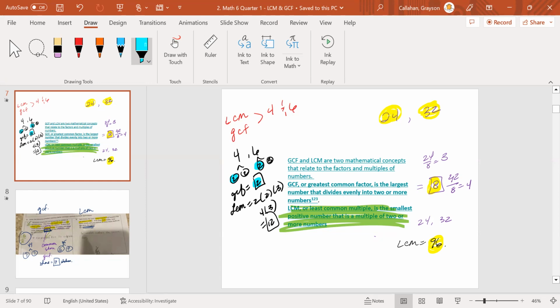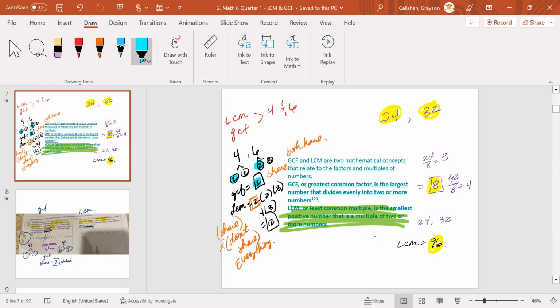Lowest common multiple is different. Greatest common factor is what do they share? They both have it, right? For the lowest common multiple, not only do you take what they share, but you also need to multiply with what they don't share. So you have to include basically everything, okay? So what do they share here? 2, right?